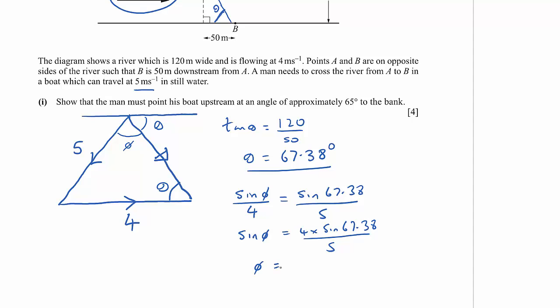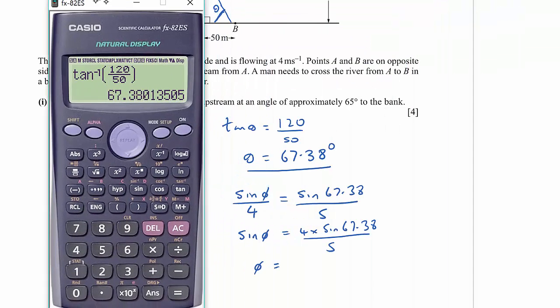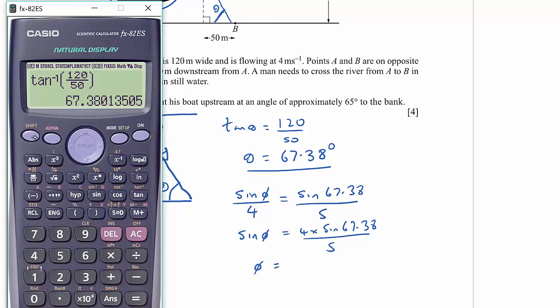And from there we can find phi. So we want the inverse sine of 4 times sine 67.38 divided by 5, and that gives me 47.60.